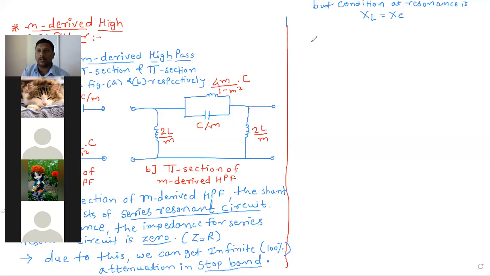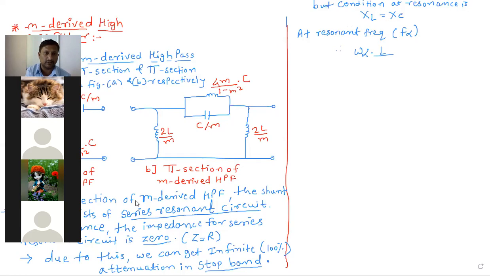Consider f alpha as the resonant frequency, in terms of omega, that is omega alpha. So at resonant frequency f alpha, XL is equal to XC. XL means omega alpha into L. What is the value of L in the series resonance circuit?